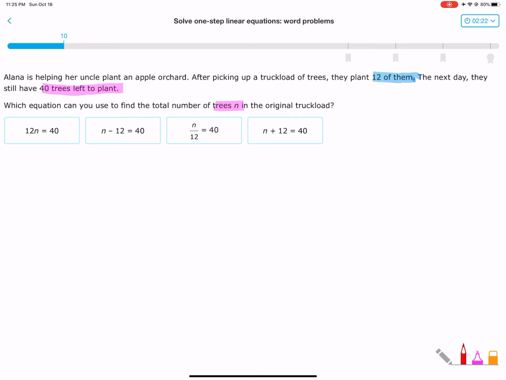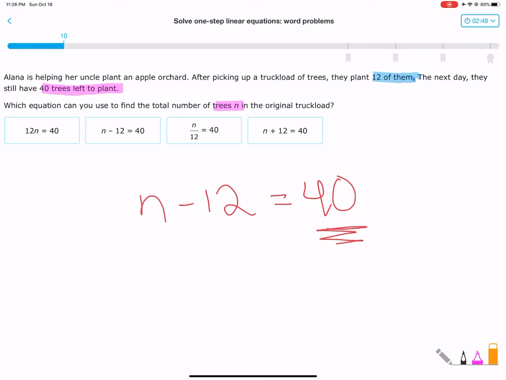So if they have N trees, and they already planted 12 of them, they still have 40. So this many trees minus the amount they plant equals how many they have left to plant, which is 40. Now, that's our solution.